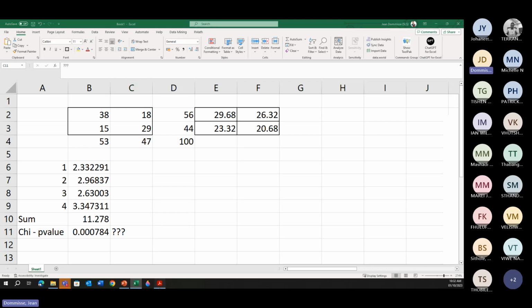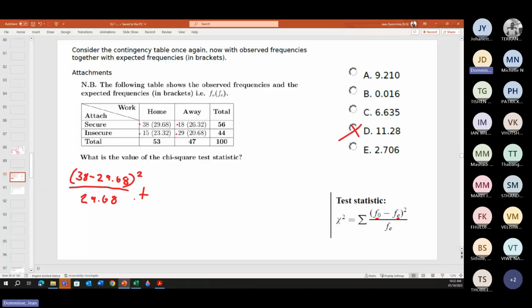In the exam, what would have been just as simple is to make the four calculations.